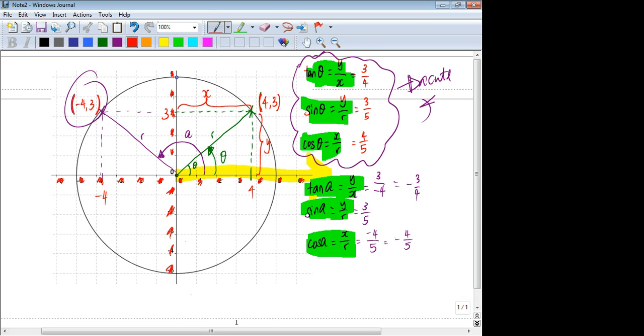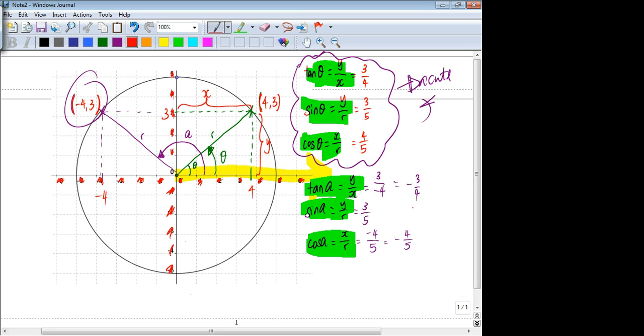Okay? What happens if the angle is greater than 90 degrees but smaller than 180 degrees? In this case, the purple color case, where we have angle A. Let's look at the first one. Tangent A. Positive or negative? It's negative, right? Why is it negative?